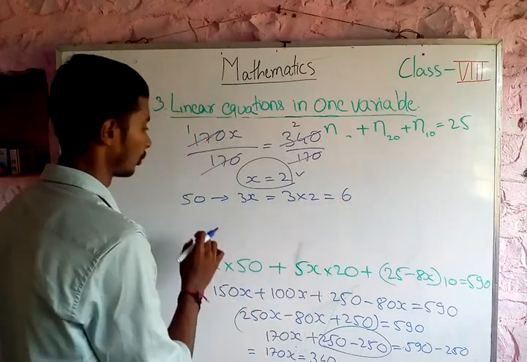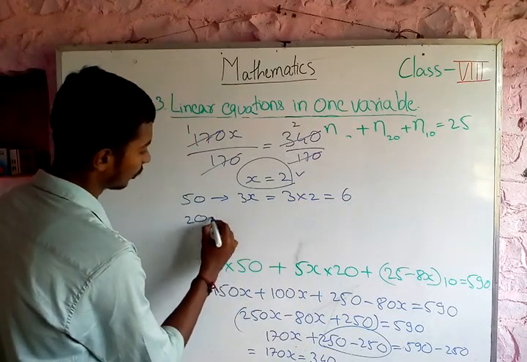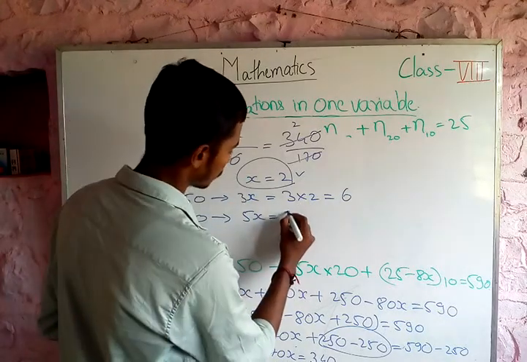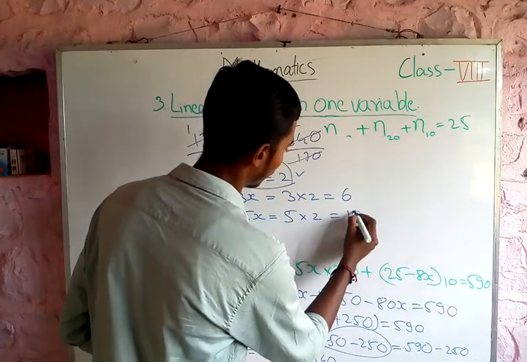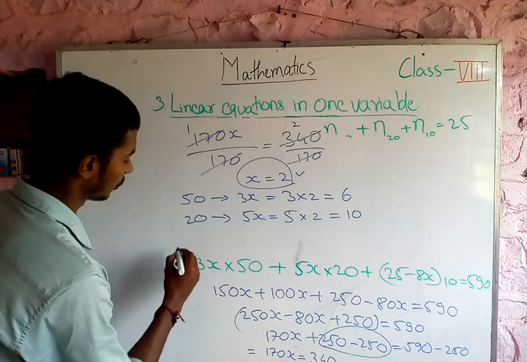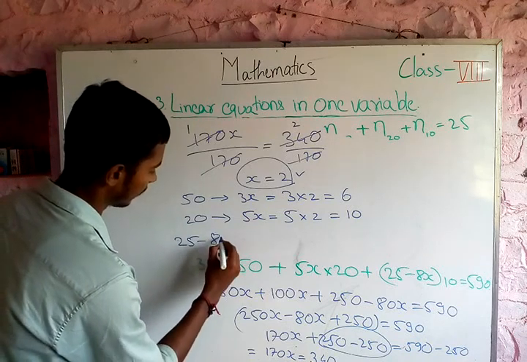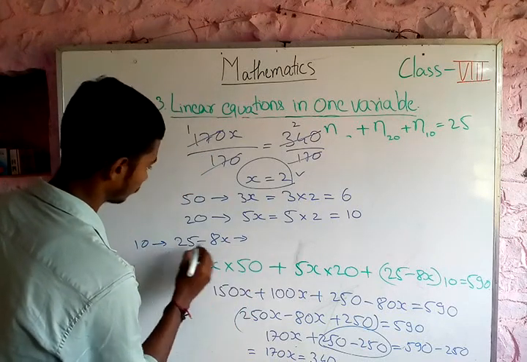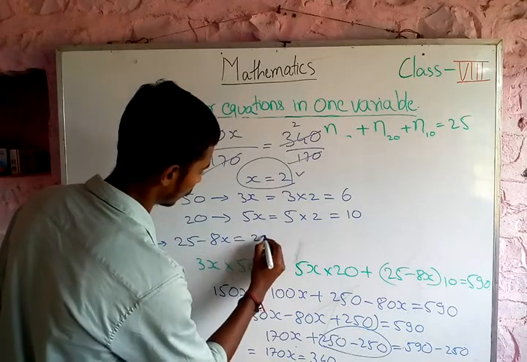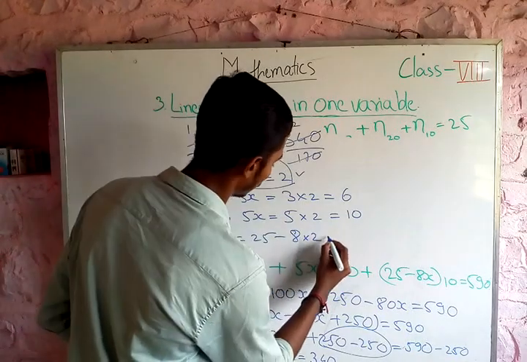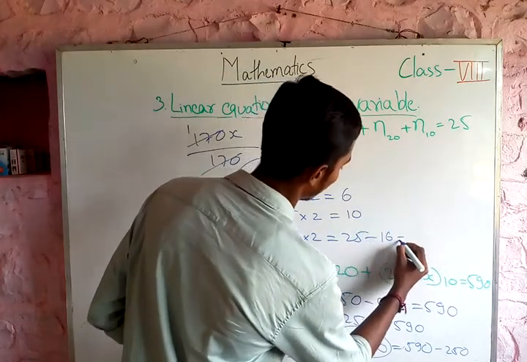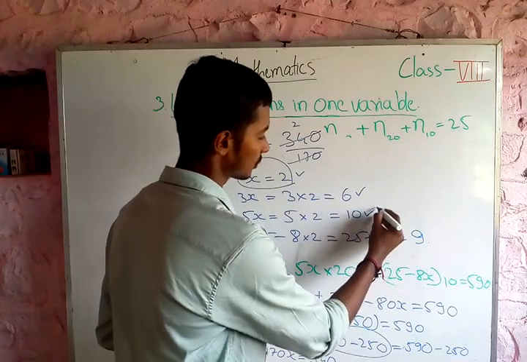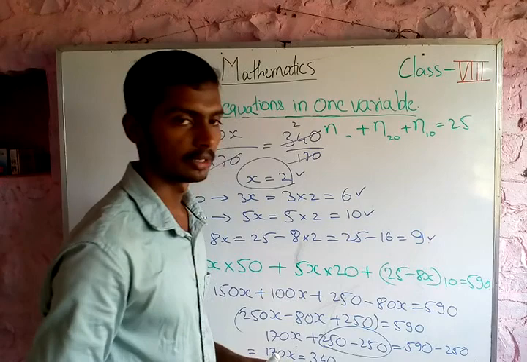The number of 50 rupee notes is 6, and the number of 20 rupee notes is 5x, which becomes 5 into 2 is equal to 10, and the number of 10 rupee notes is 25 minus 8x, which becomes 25 minus 8 into 2 is equal to 25 minus 16 is equal to 9. Okay, so the number of 50 rupee notes is 6, 20 rupee notes is 10, and 10 rupee notes is 9.